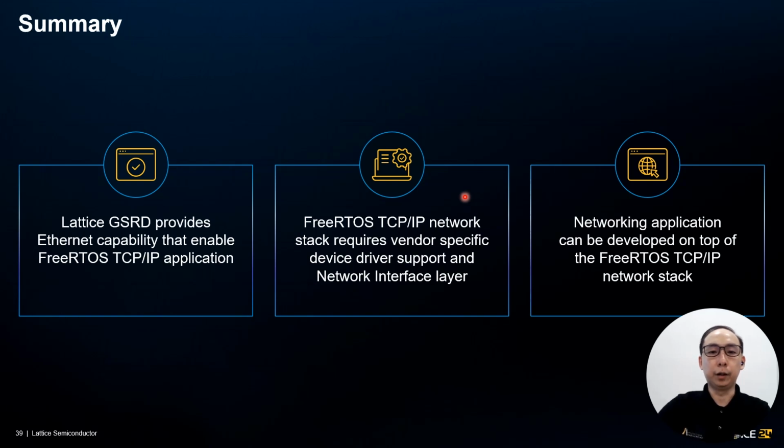This has been enabled by Lattice in the demonstration that shipped. And finally, networking applications can be developed on top of the FreeRTOS TCP network stack. This enables customers to develop their own application using the open source and industrial standard network stack such as the FreeRTOS one, and they can quickly create their own application.